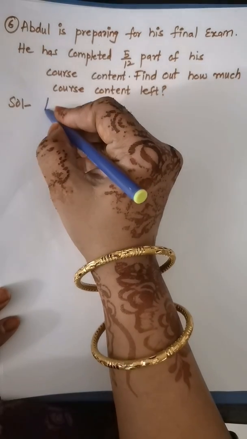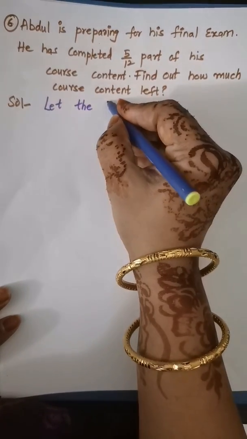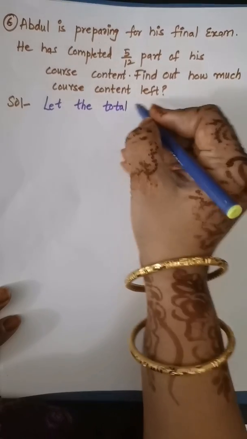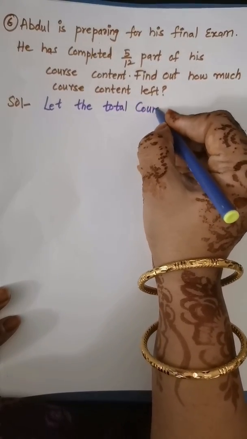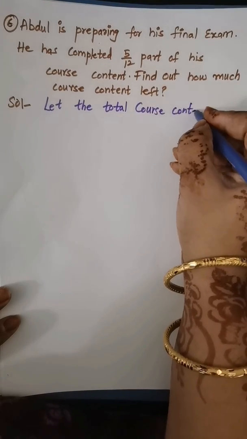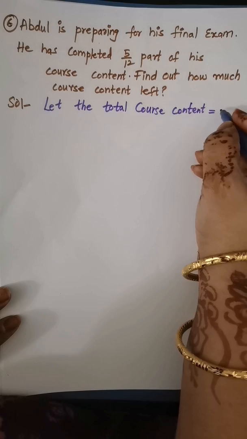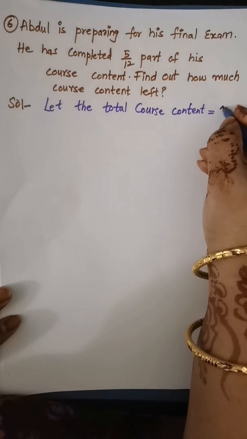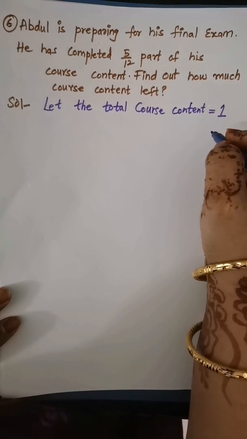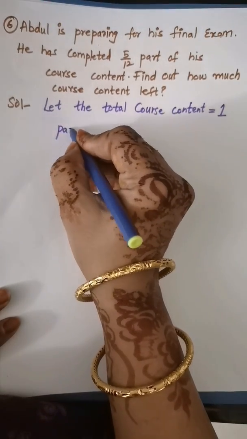So first of all, let the total course content be equal to 1. Okay, the total course content is 1, that is whole.